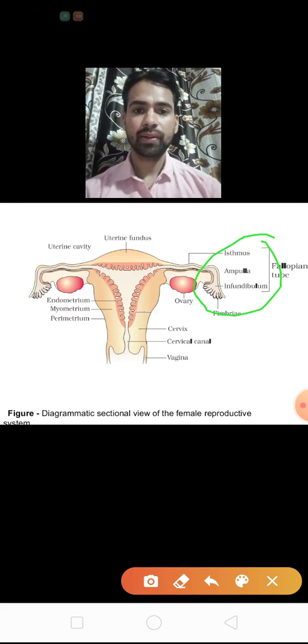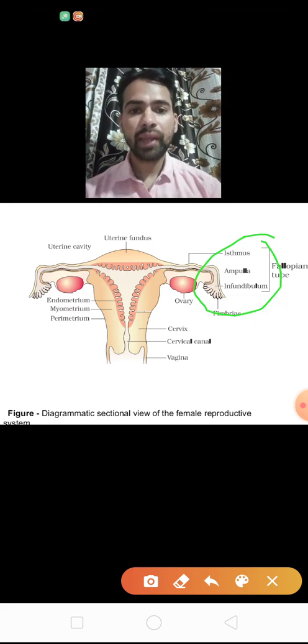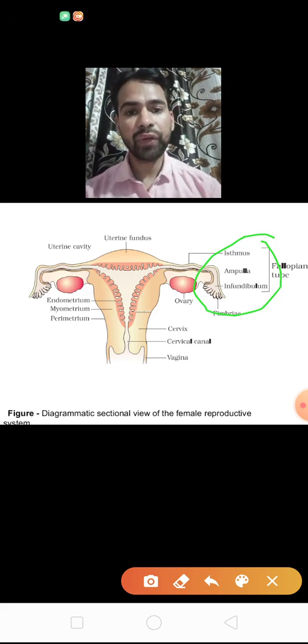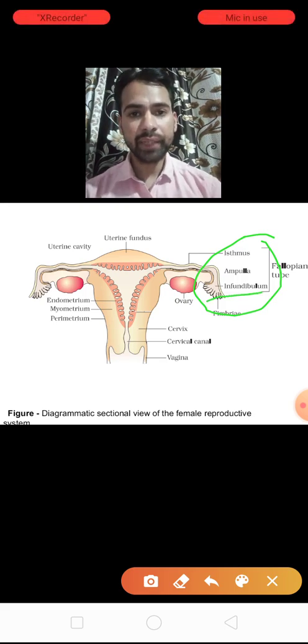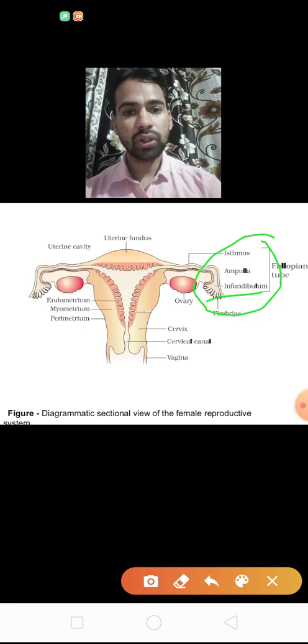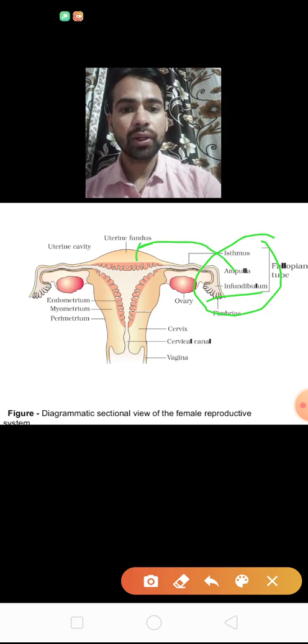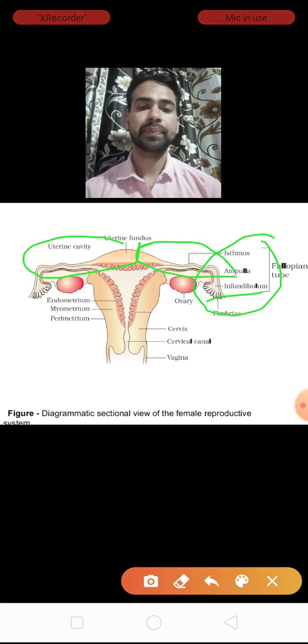Okay, the fallopian tube has three parts, that is number 1 infundibulum, ampulla and isthmus. Okay, the part that is close to the ovary is the infundibulum. So it is a long tube, and they extend from the ovary to the uterus, one this side and one that side.